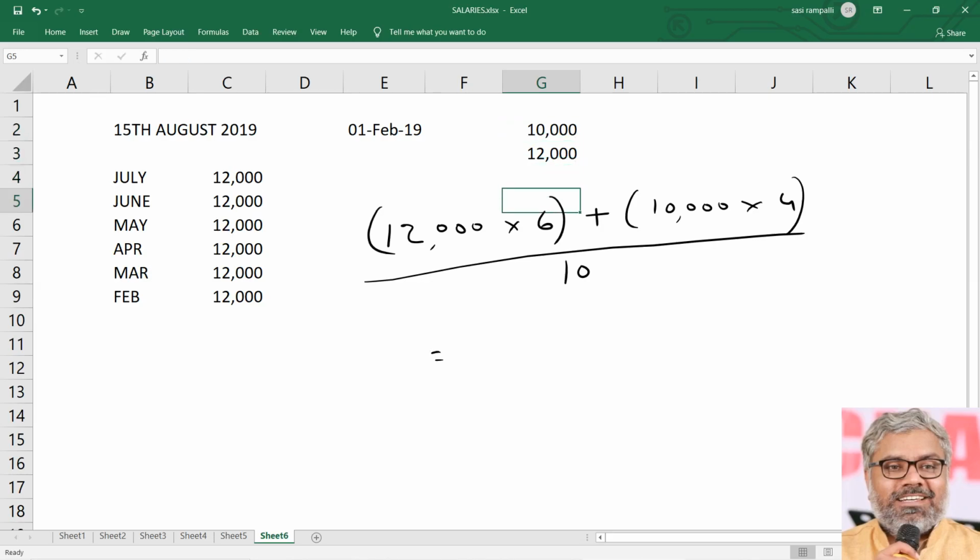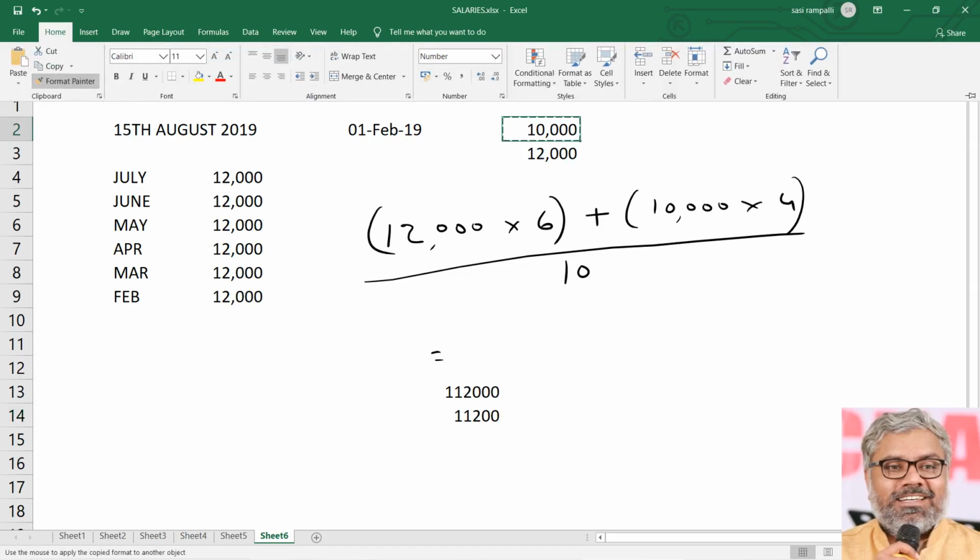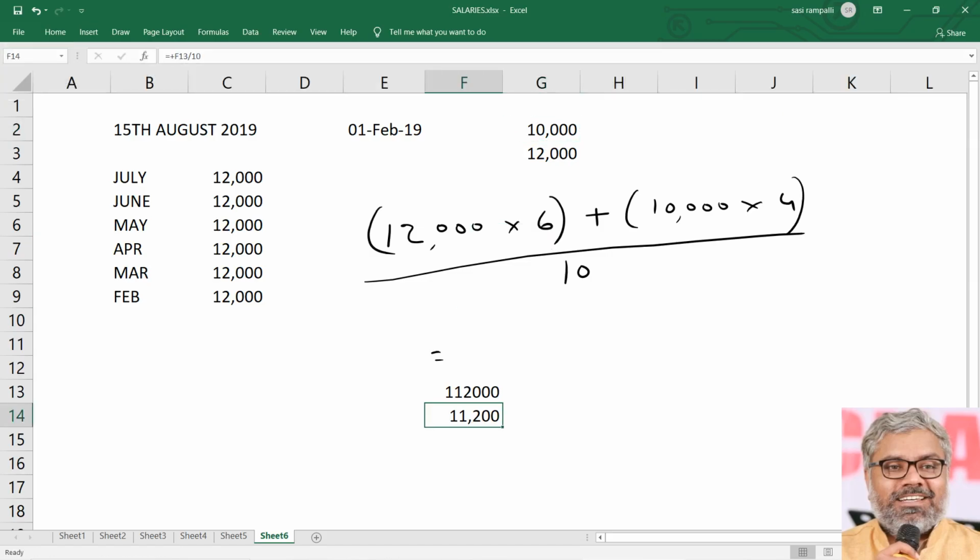If we calculate 12,000 rupees into 6 months plus 10,000 rupees into 4 months, that comes to 1,12,000, divided by 10. So the average salary per month here will be 11,200 rupees. So that is the computation here.